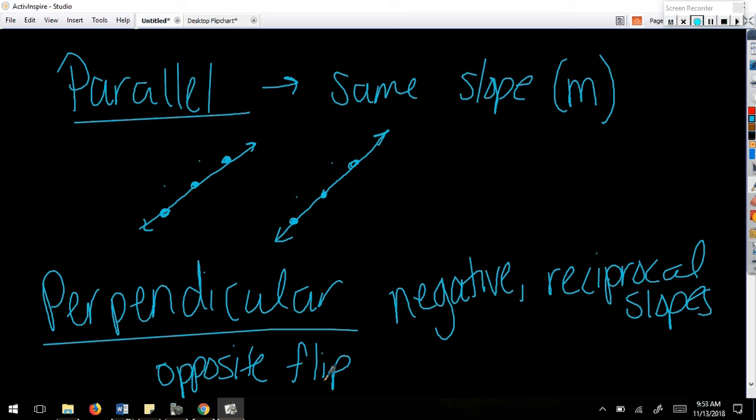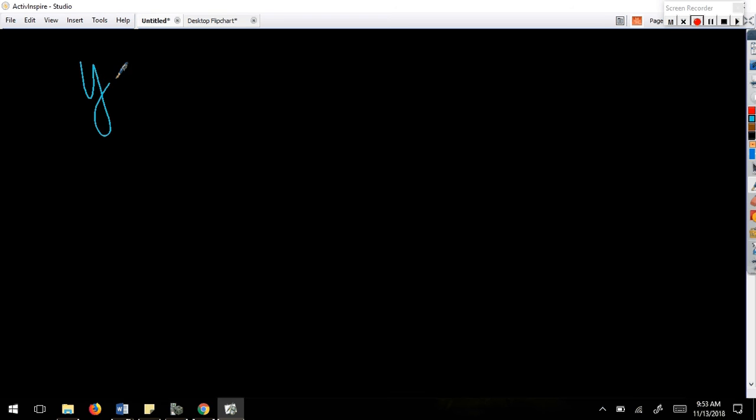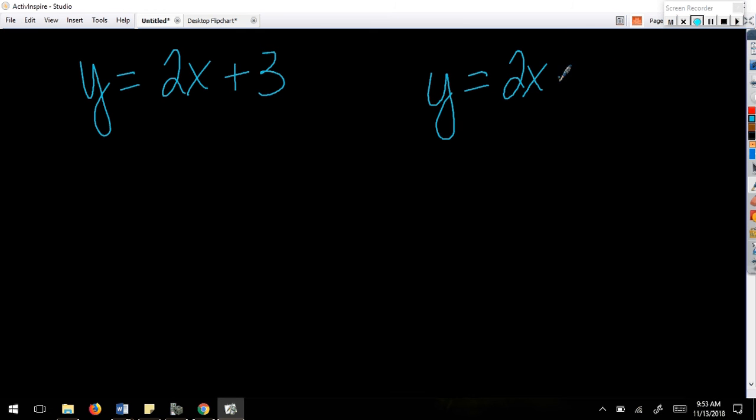Let's say I give you two equations: y equals 2x plus 3, and y equals 2x minus 5. Are those two lines parallel or perpendicular or neither?